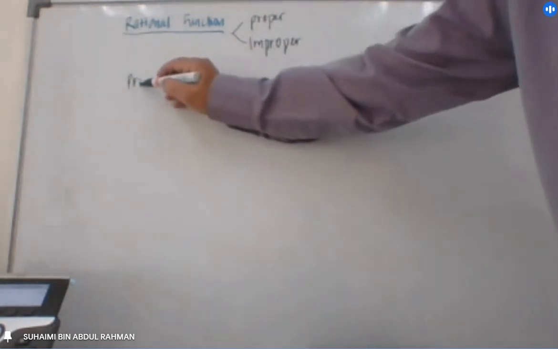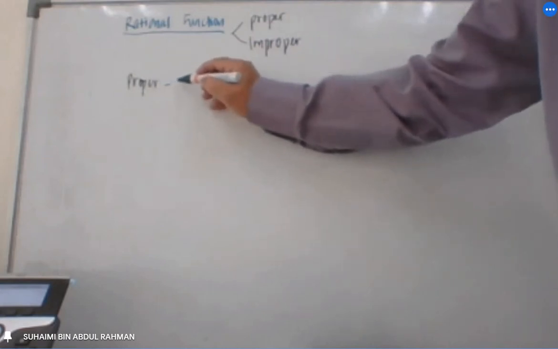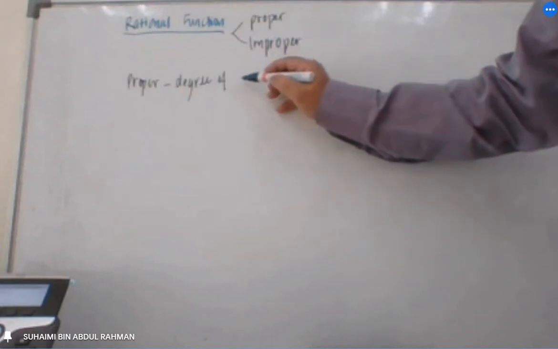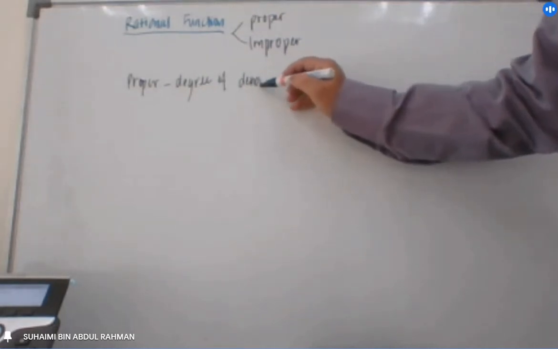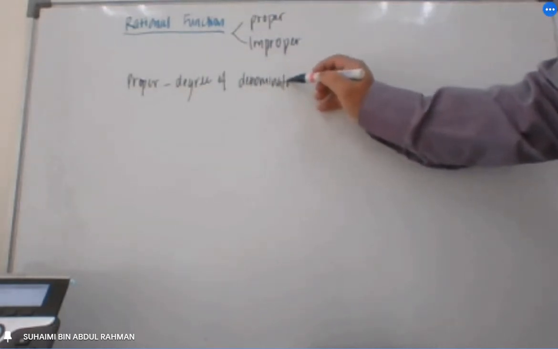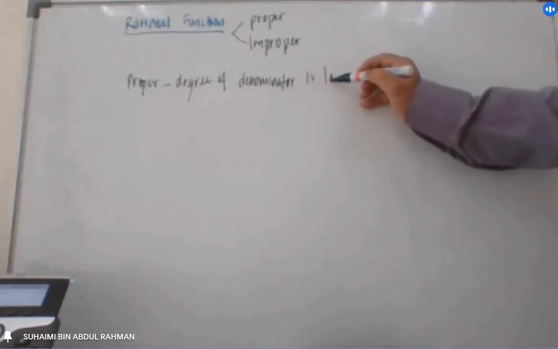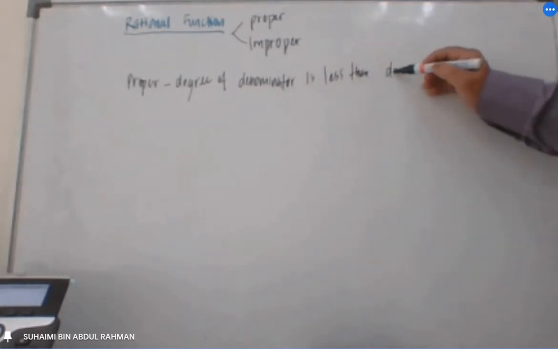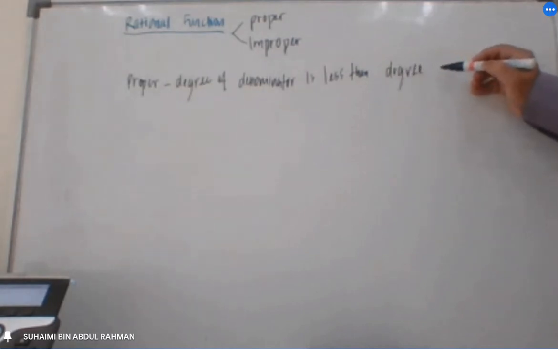For proper rational functions, the degree of the denominator is less than the degree of the numerator.